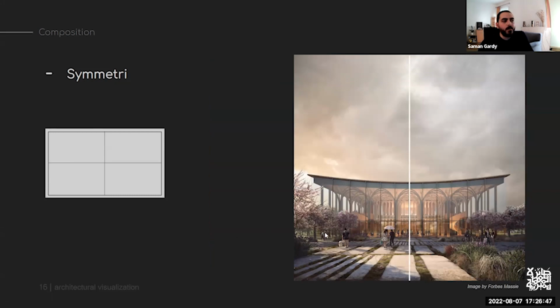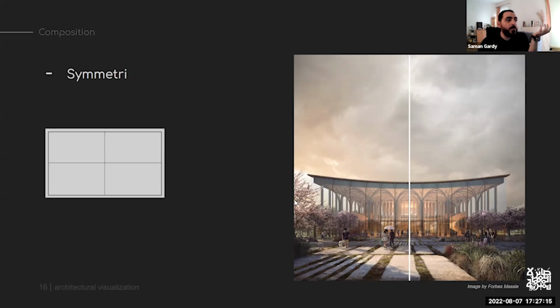Here in this artist's work, it was used in a very simple way. We have a modern building placed in the middle of the frame. Well, you might now say, that's boring. I don't want to show my building in a symmetric way. I'm more creative, the shapes I am designing are different, it's not symmetric.